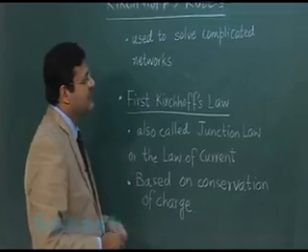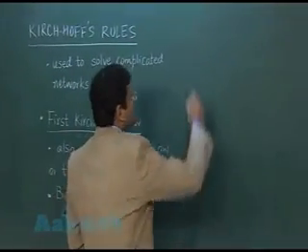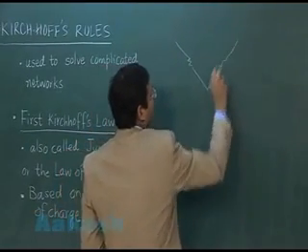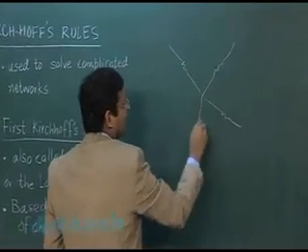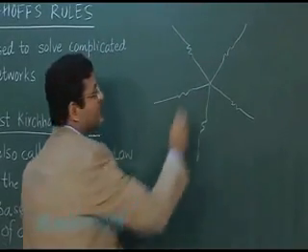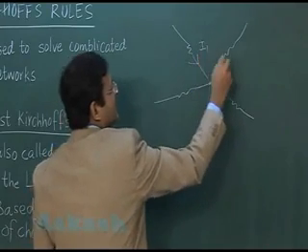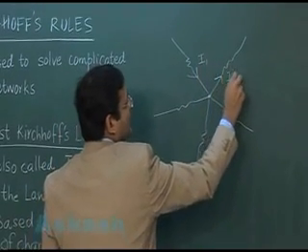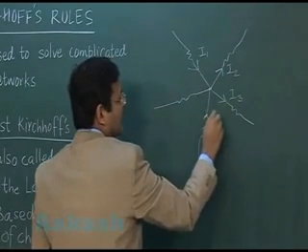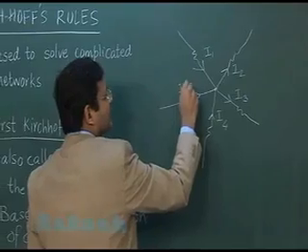Now what is the statement of this law? To understand this first law, imagine the situation that on a particular junction several currents are approaching or receding. Let us suppose you have a junction in which current I1 is coming from this side, current I2 is going this way, current I3 is going away, current I4 is coming in, current I5 also let us suppose coming in.